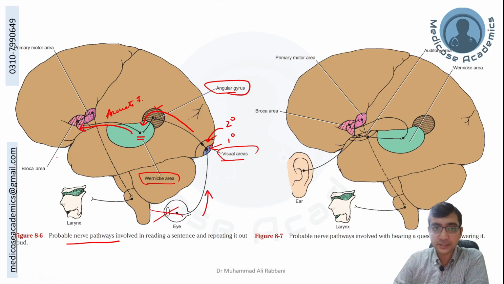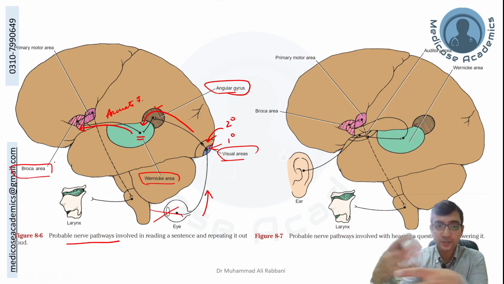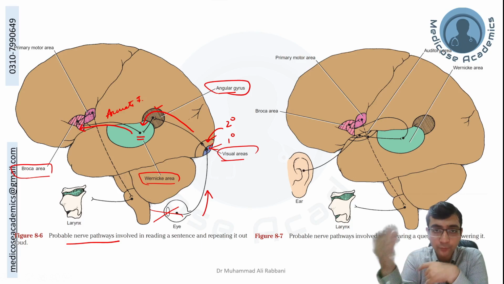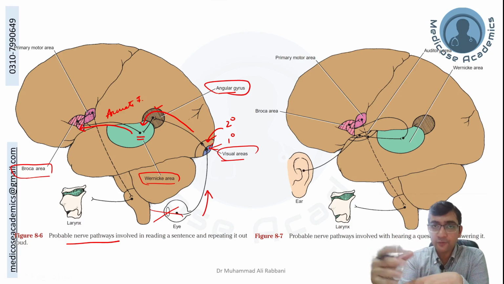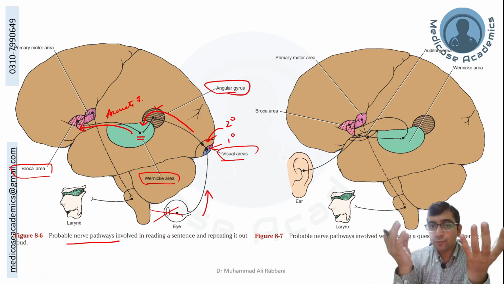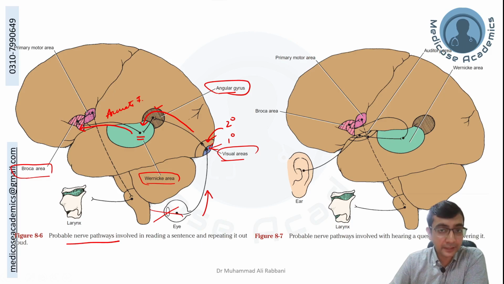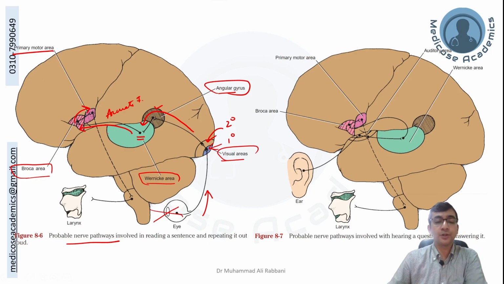It was sent to the Broca's, and Broca's area translated these three words, verbal nerve pathways, into a series of muscular action, starting from diaphragm, chest wall, larynx, pharynx, palate, tongue, all the way to lips. All of these movements, the sequence, was generated by Broca's area. It sent its signal one by one to the primary motor area, and through different corticonuclear and corticospinal pathways, it ultimately moved the muscles and related articulation.